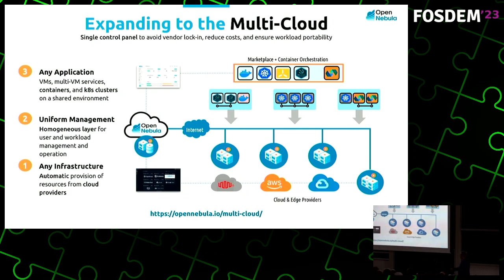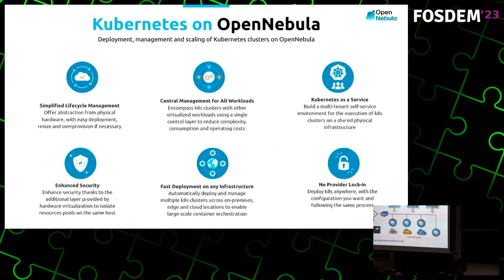So let me also introduce how Kubernetes is integrated in OpenNebula. For us, Kubernetes is just a service. So we have built an appliance. I will talk soon about how we have built this appliance.